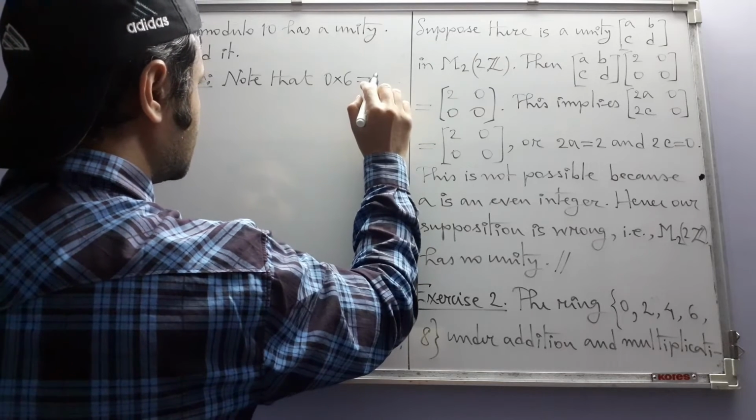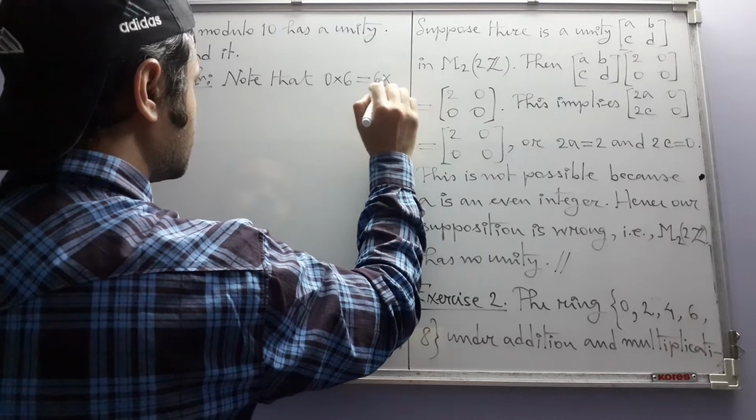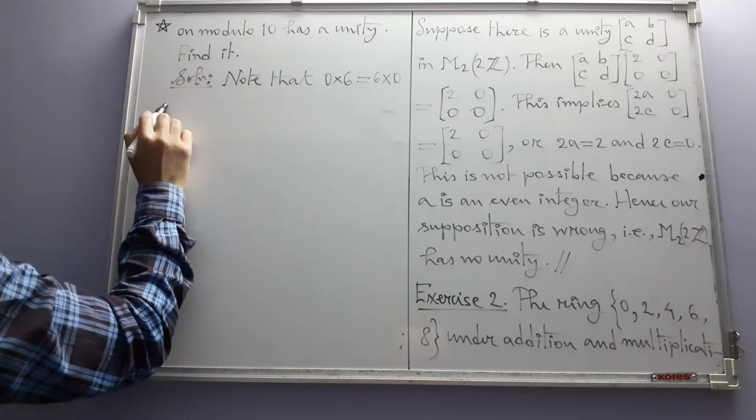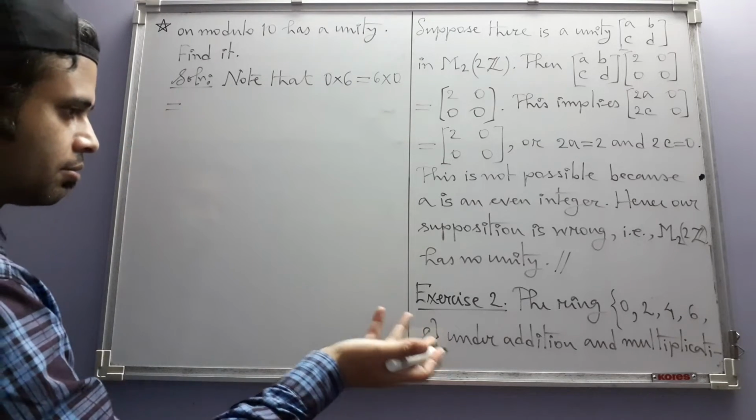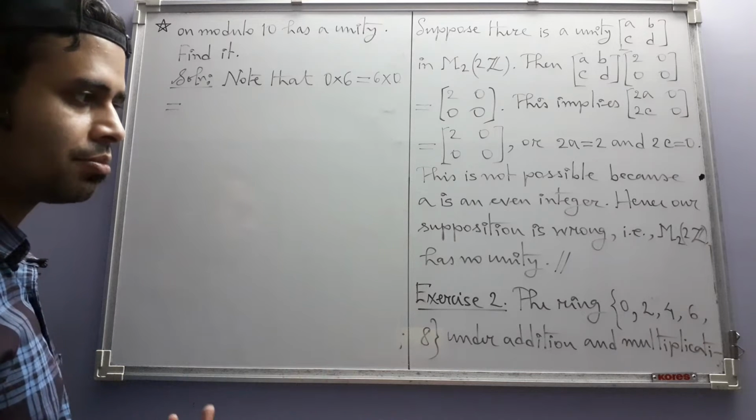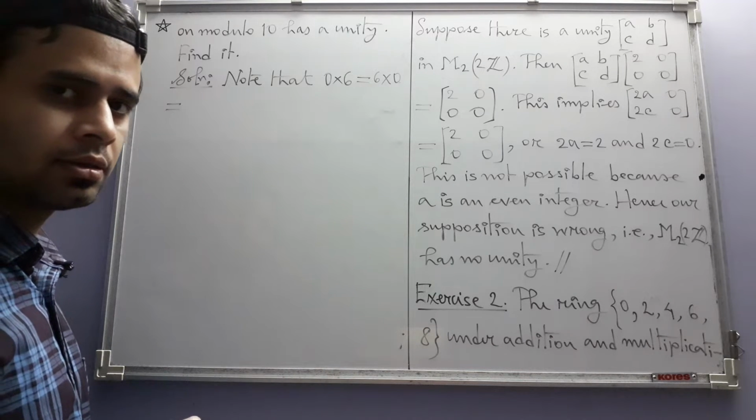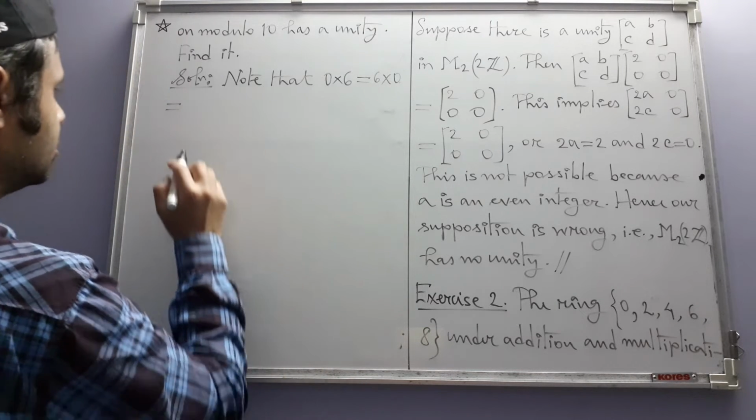So 0, 6 is 0 and 6, 0 is also 0, although there is no need to write these two things because addition modulo 10 and multiplication mod 10 are commutative, but still.